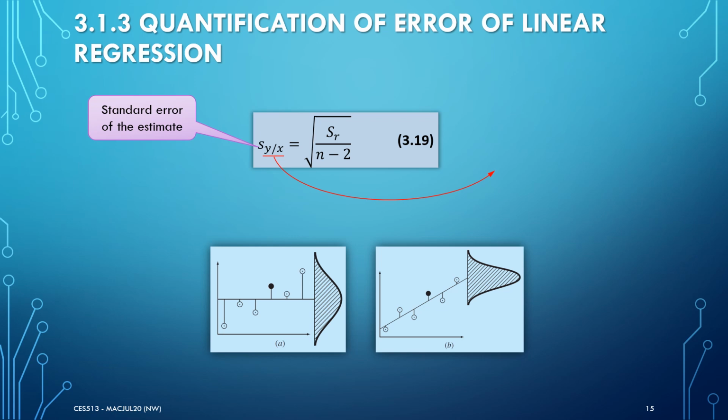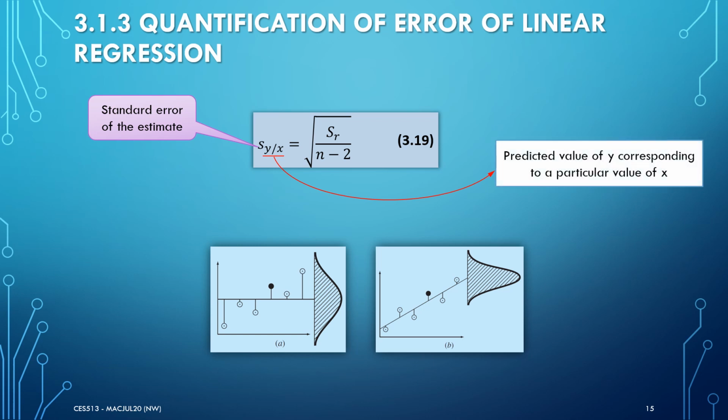The subscript notation y/x designates that the error is for a predicted value of y corresponding to a particular value of x.